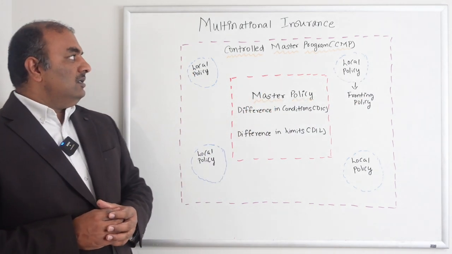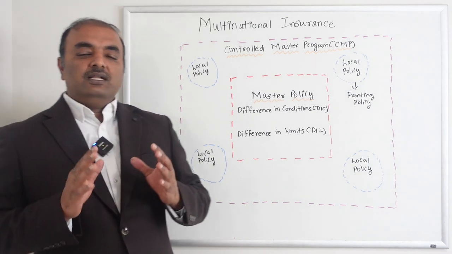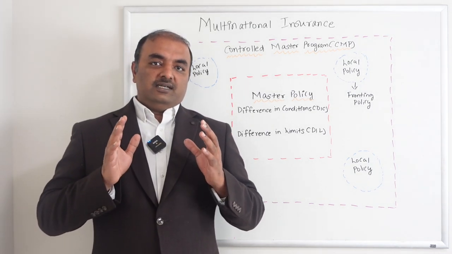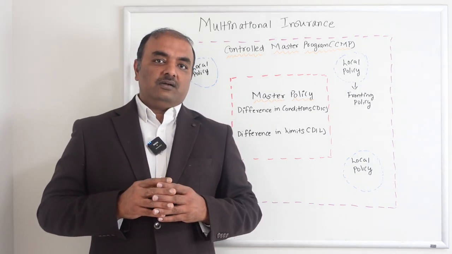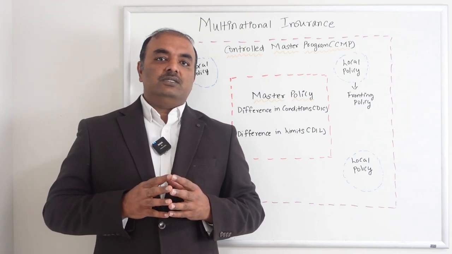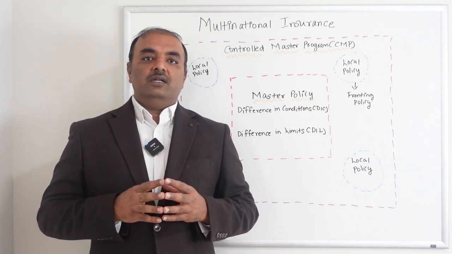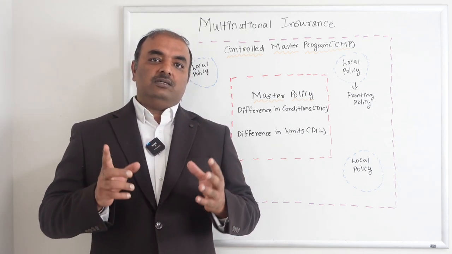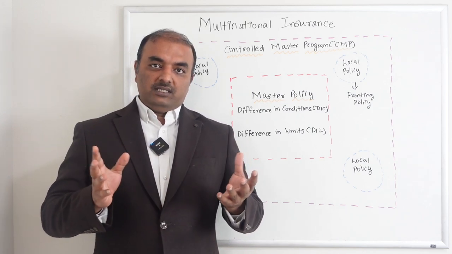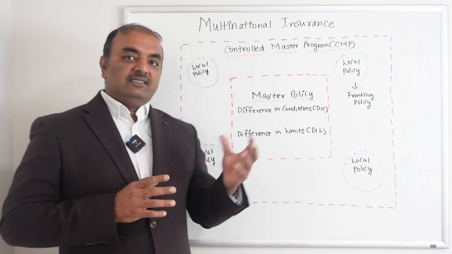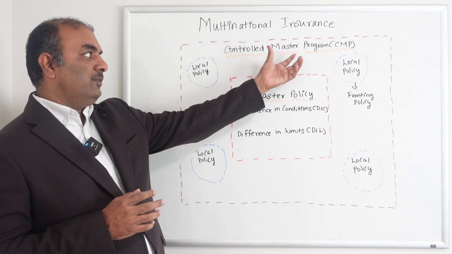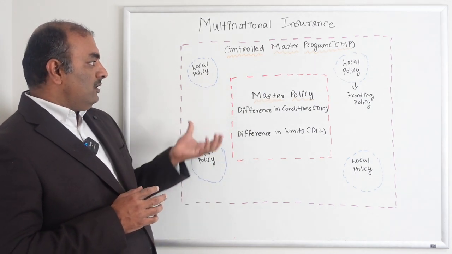So this is what I wanted to cover in general. As I told you, multinational policies are applicable for customers who have their companies across different countries. To make sure that they have strategic or very optimized coverage, they go to one insurance company which operates in multiple countries, and they will issue a master policy under a controlled master program where we will have multiple local policies.